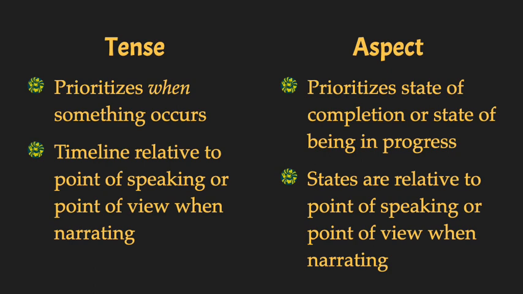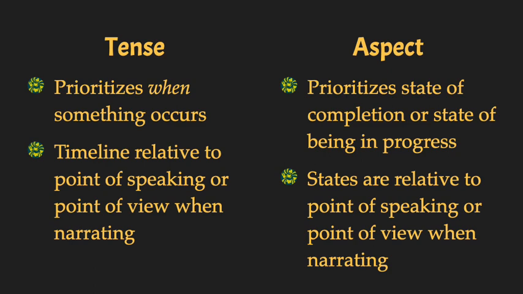Aspect, on the other hand, prioritizes a state of completion or a state of being in progress. So it's prioritizing an event and its unfolding, if you will, to say, is it done? Is it still ongoing? Is it, in some cases, partially done? So it really is prioritizing looking at events and their conclusions and how they're unfolding versus a timeline of when they happened.